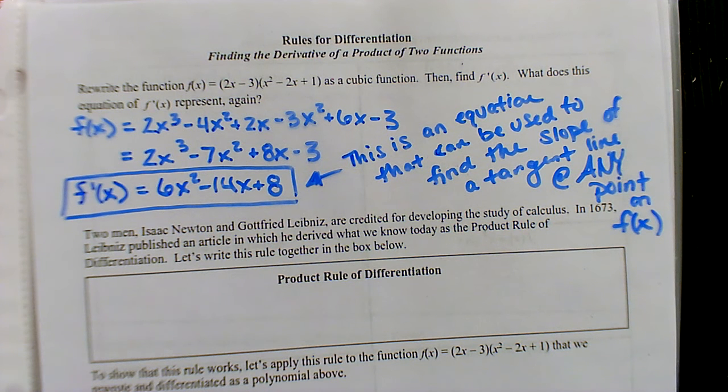So no matter what x value or what spot you want to check, you can plug it into this equation because that equation represents the derivative, aka slope of tangent line. Okay, nothing new.